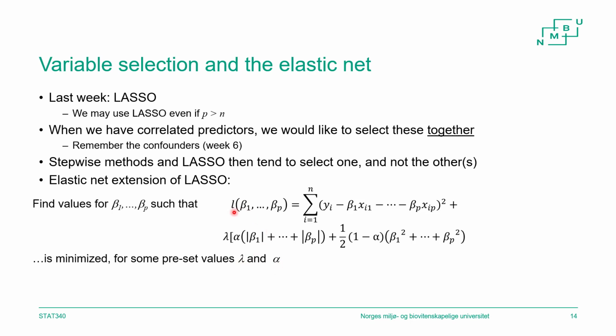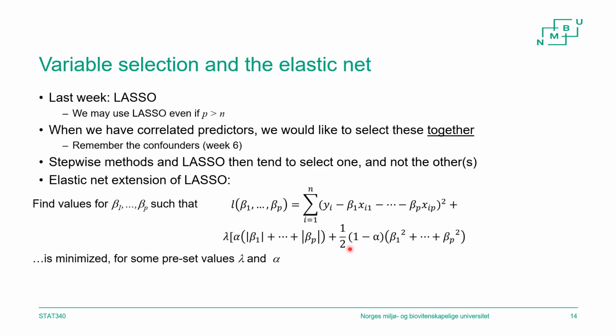And if you look back at the previous week's slide, you will find that everything here and up to here is the same as the lasso, with the exception that this alpha was not part of it. Alpha was 1, you could say. But this term here is the lasso extra term to the least square solution.